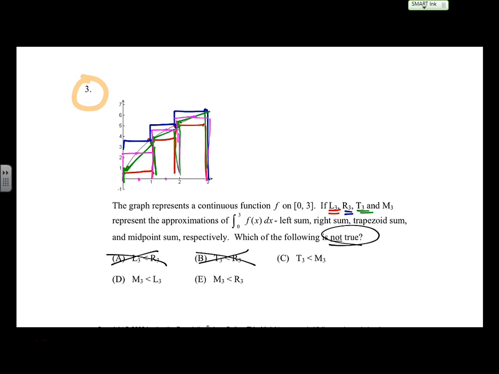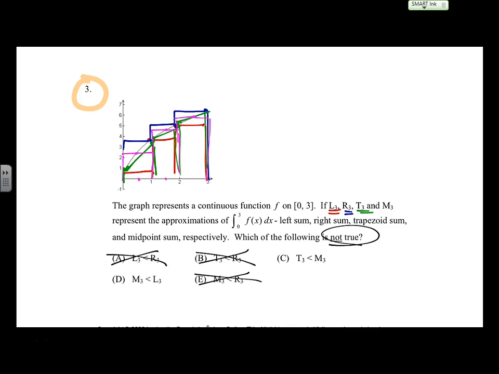So midpoint is lower than the left? No. The left is the smallest one. Because the midpoint is less than the right, that's true, so letter E gets crossed off, because the right is the highest out of all of those.